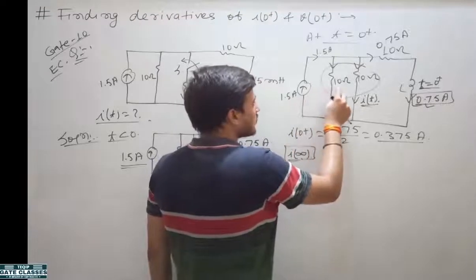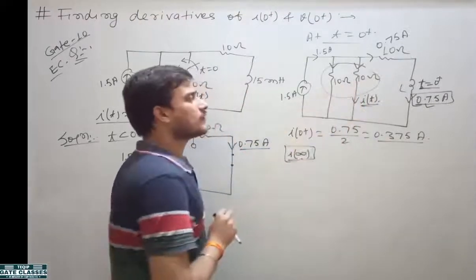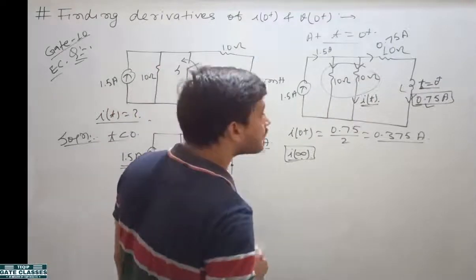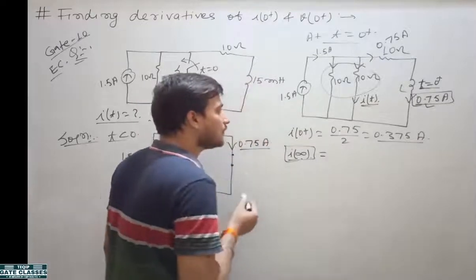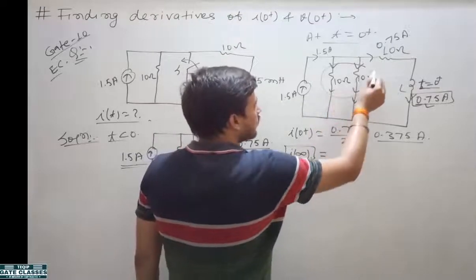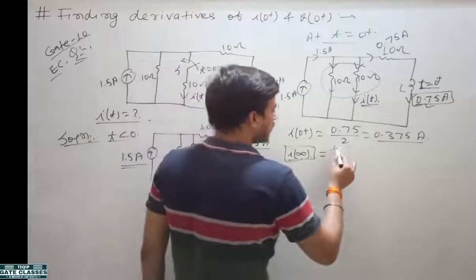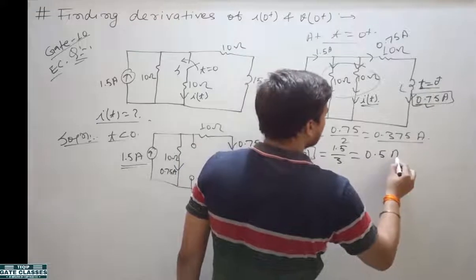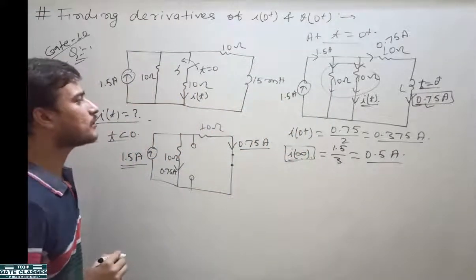This is 10 ohm, 10 ohm, 10 ohm. So now there will be equal distribution of current. So I infinity will be 1.5 divided by 3, that means 0.5 ampere.